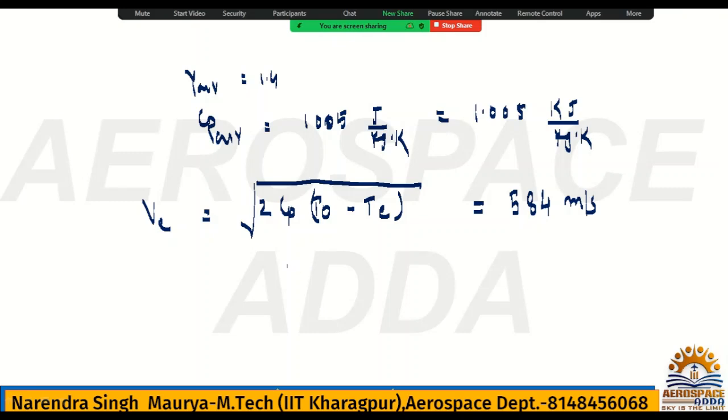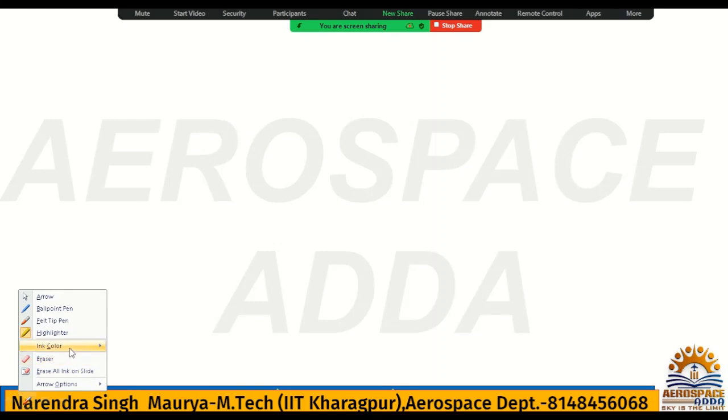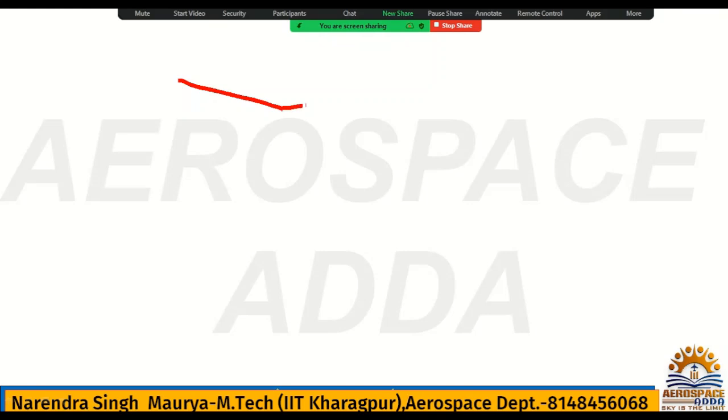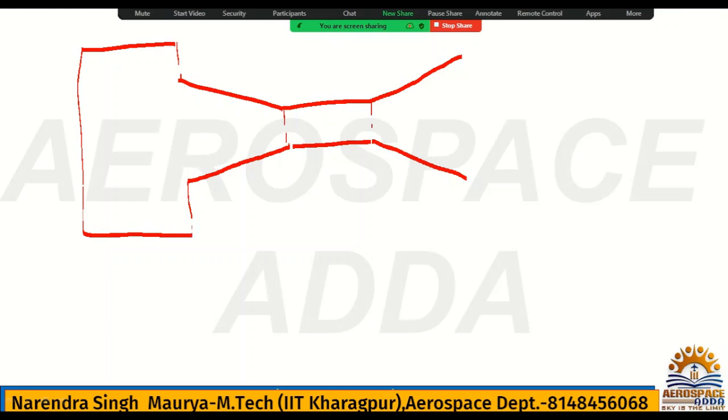Now you are going to write the thrust. So, the thrust equation. I have not yet derived the thrust equation for the CD nozzle. I will derive it in the jet propulsion topic, but in short I can give the formula. This is the CD nozzle.